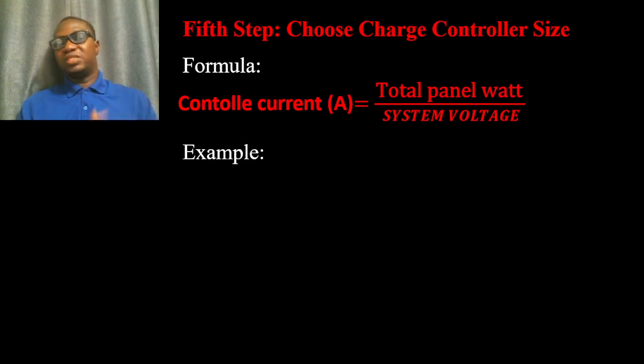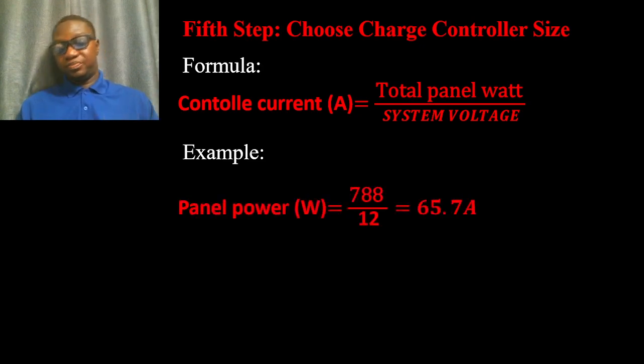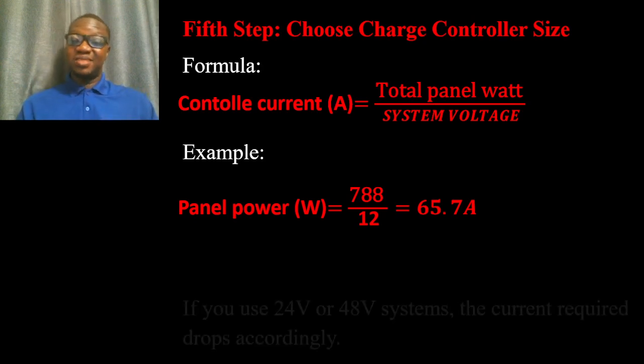So in this our system we are using a 12 volt system, and we are using 788 watts of panel divided by 12, that will give you 65.7 amps. You see, 65.7 amps. There is no 65, there is no 70 amps charge controller. So the charge controller that is left for you to use is 80 amps MPPT.